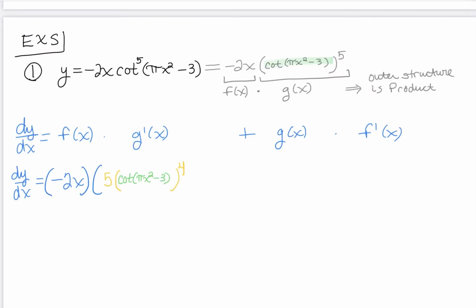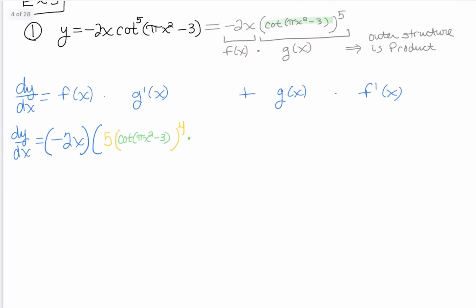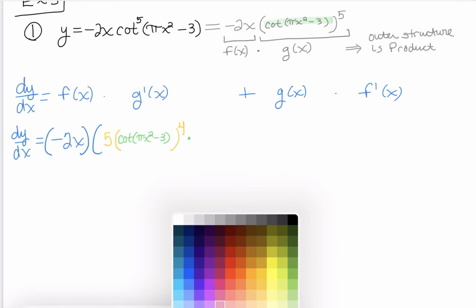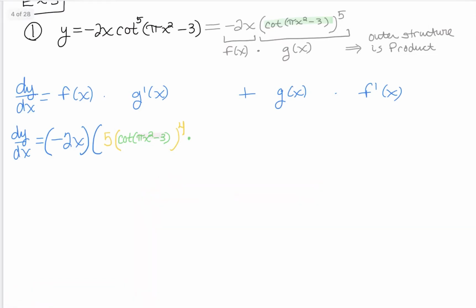That's the inside function. So it's 5, inside function left alone to the fourth, and now times the derivative of this inside function. So now I have to think about the derivative of cotan of a function. So that inside itself is its own little chain rule. So derivative of cotan of a function is going to be negative cosecant squared of, and now we want to leave that inside alone.